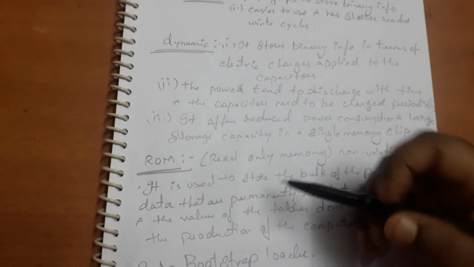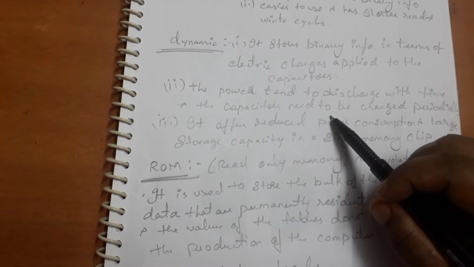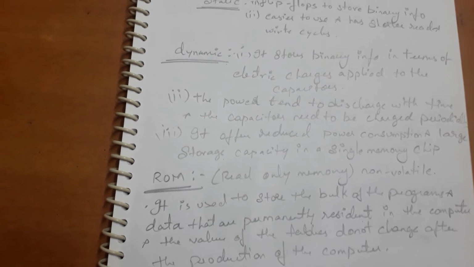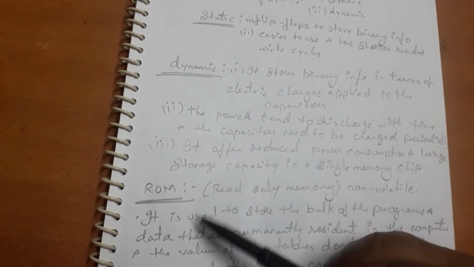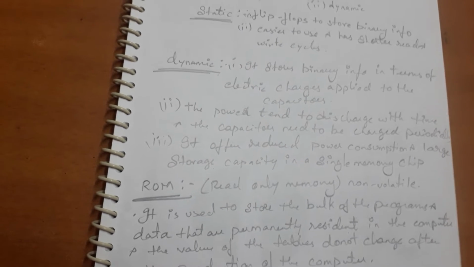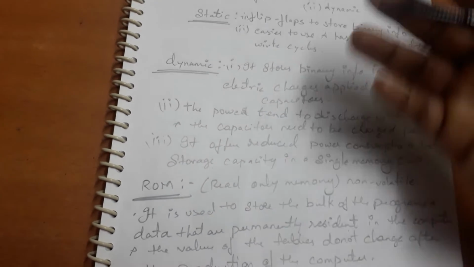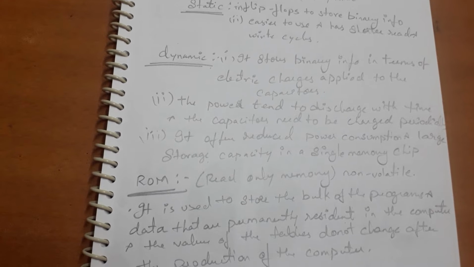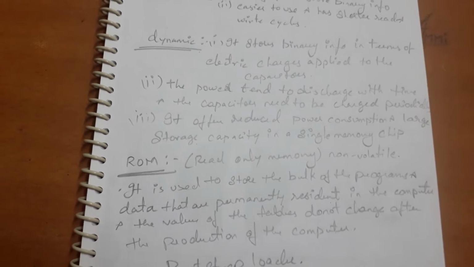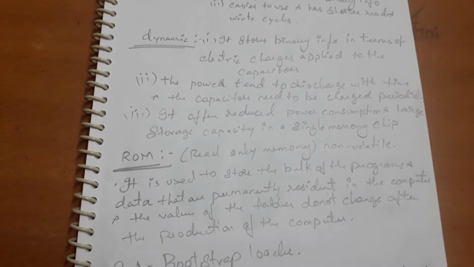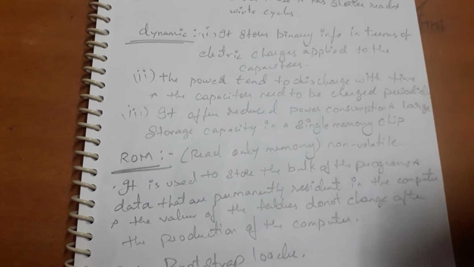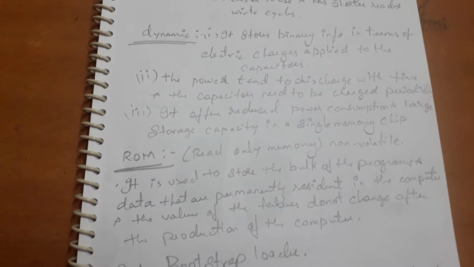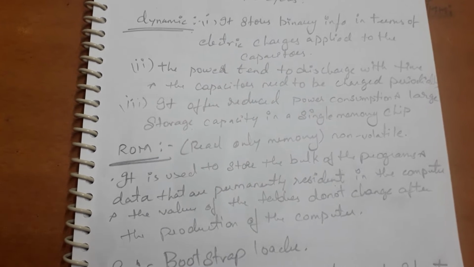That is the manufacturing part of the dynamic RAM. The dynamic RAM offers reduced power consumption when compared to the static RAM, and it has large storage capacity in a single memory chip. This is how you can compare and contrast static and dynamic RAMs.